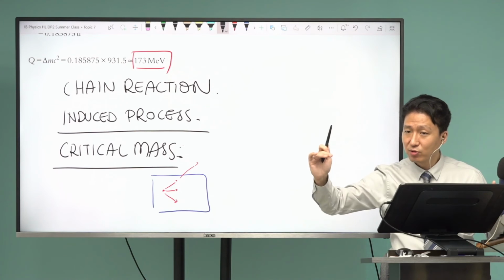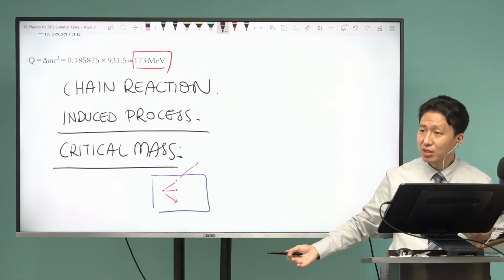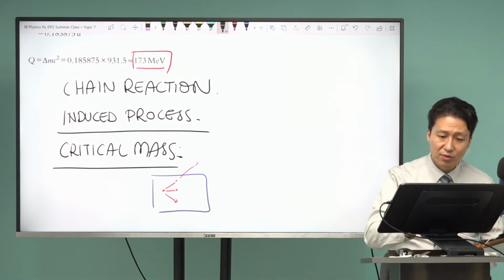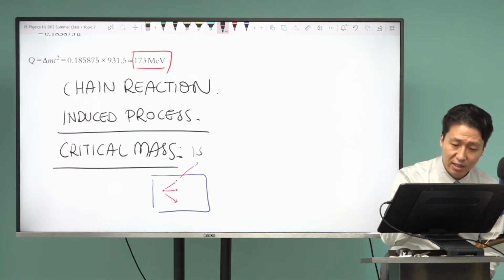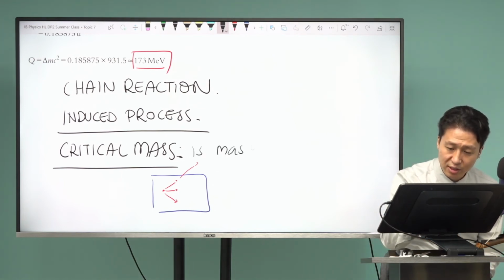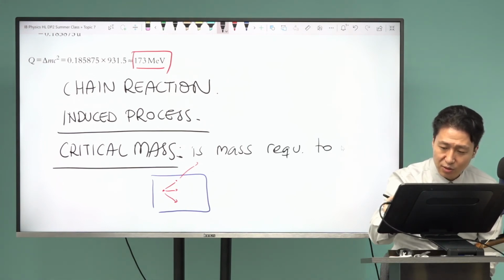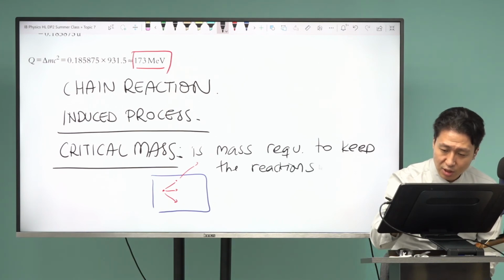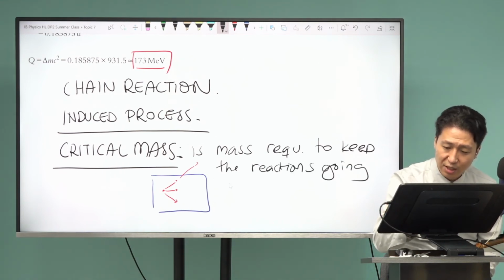It keeps getting reduced, and then at some point, it's going to stop. So critical mass is the mass required to keep the reactions going at a constant rate.